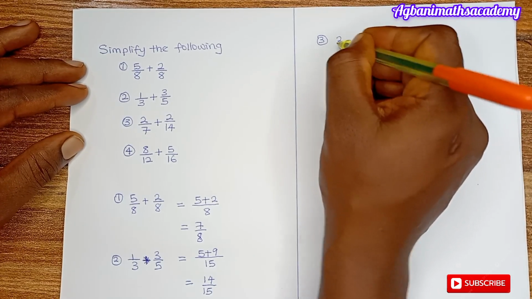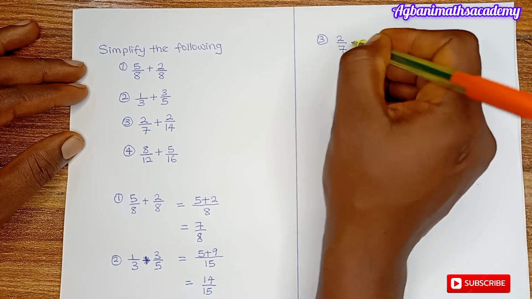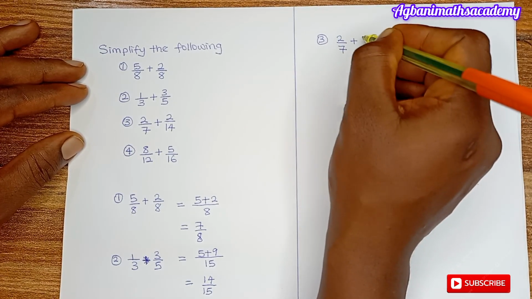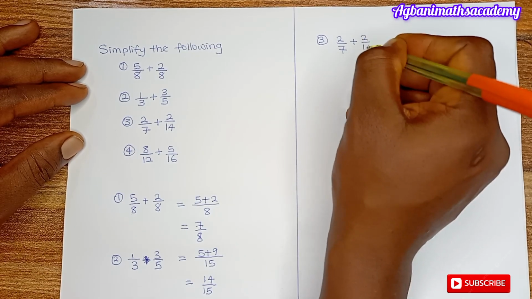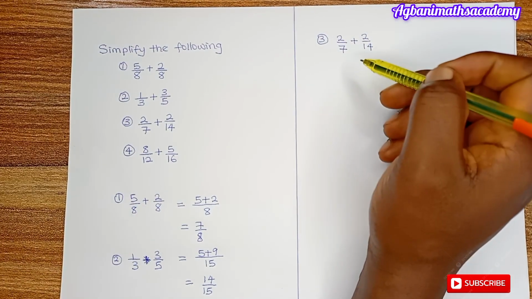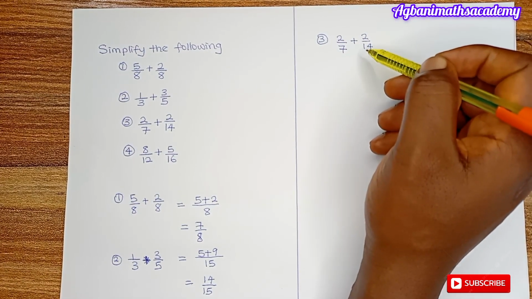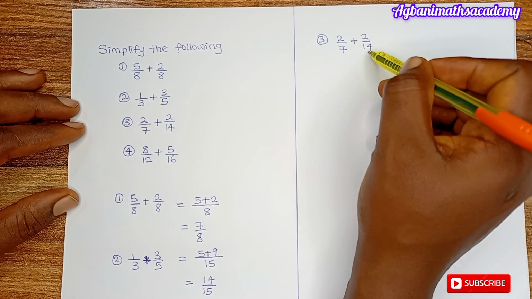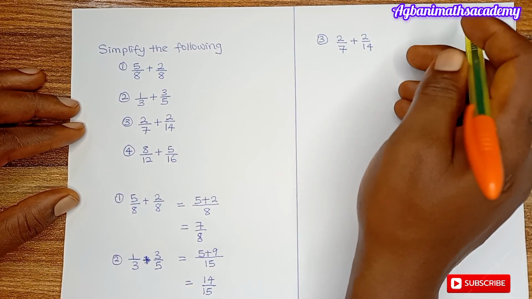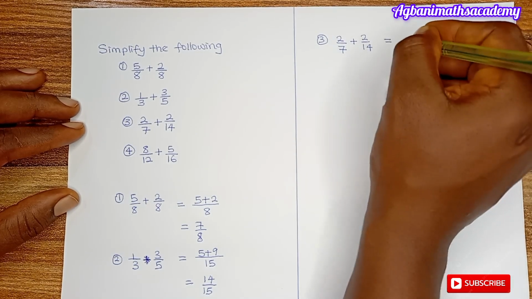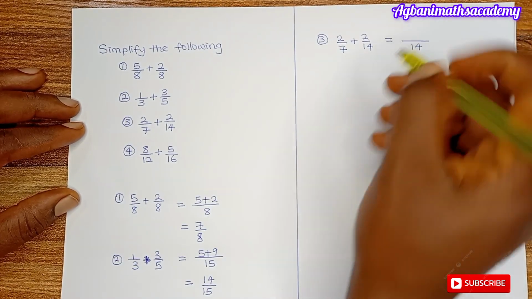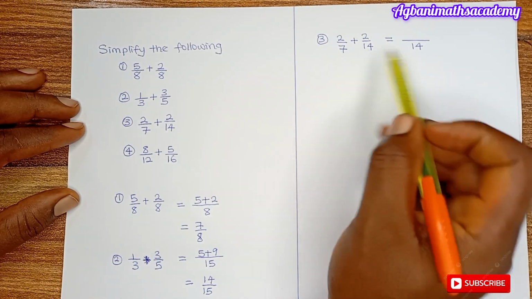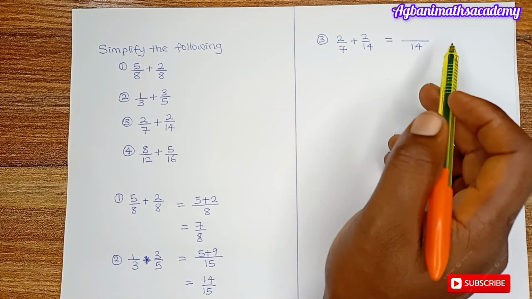So we have 2 all over 7 plus 2 all over 14. When you have a situation like this, where one denominator is a multiple of the other denominator, all you need to do is pick the bigger denominator as your common denominator. So this will be 14. Since 14 is a multiple of 7, we pick 14 as our common denominator.